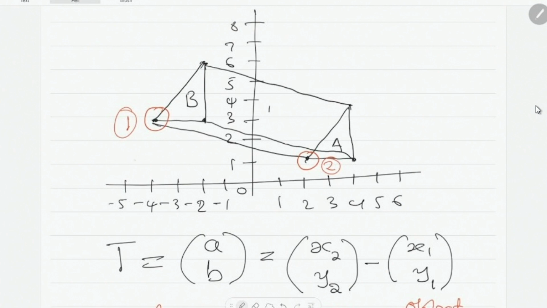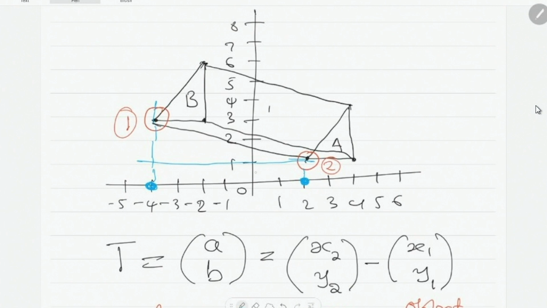Moving from positive 2 to -4, I'm moving 6 times to the negative side, and moving from -1 to +3, I am moving 2 times in the vertical axis. So that is what we need to picture when we are talking about a translation, or move, or displacement in the horizontal direction and displacement in the vertical direction.